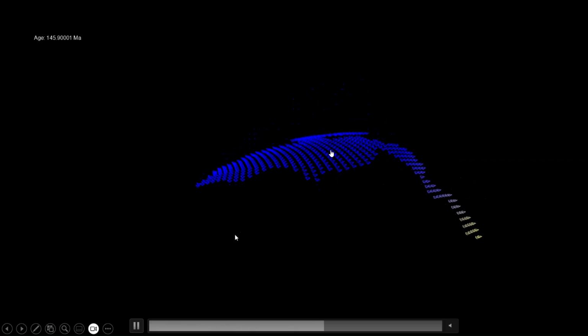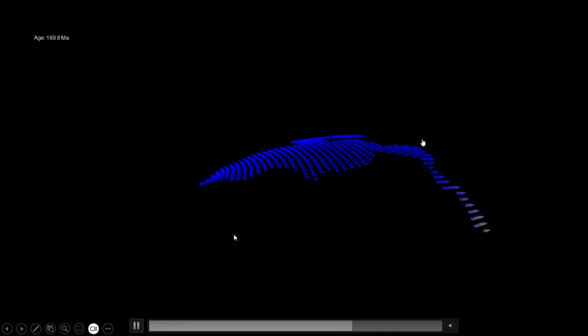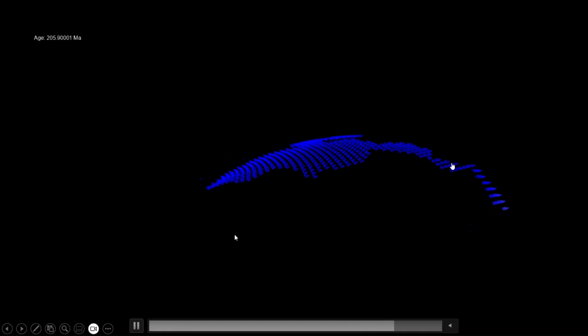That's actually the camera just being attached to a point that suddenly started subducting. So you see the subduction moves all the way along the plate. Eventually the plate itself will be pulled in this direction, so the point of the trench will be relatively static, but the plate will be consumed as it subducts, which is what we want.